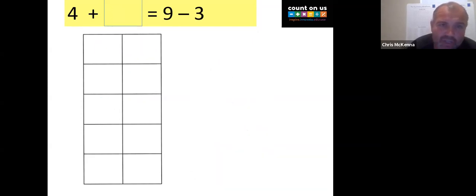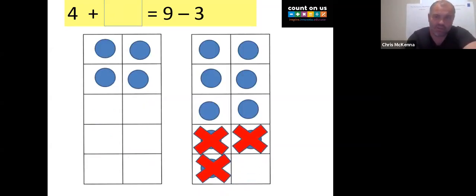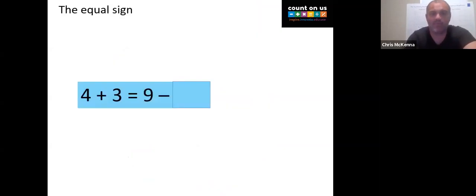I'll just show you that again. So again, we have the 4 plus something equals 9 take away 3. So I'm trying to make these equal to each other. So I subtract my 3, I add on the relevant number, and make them equal, and I can see it's 2. And we obviously don't need to have a visual clue every single time. We're hoping that we can get to the point where we can answer this without using the visual clues all the time.